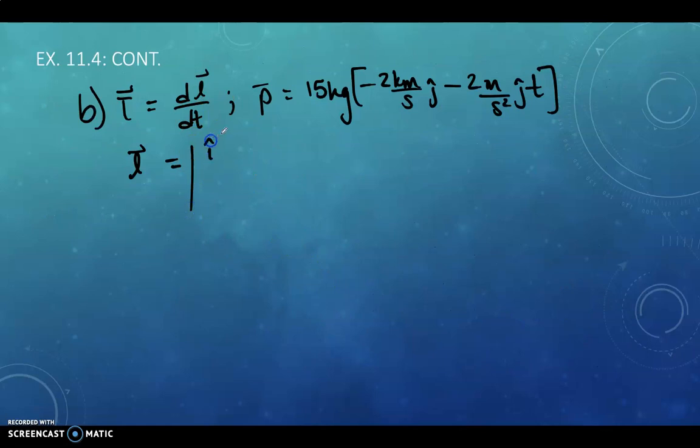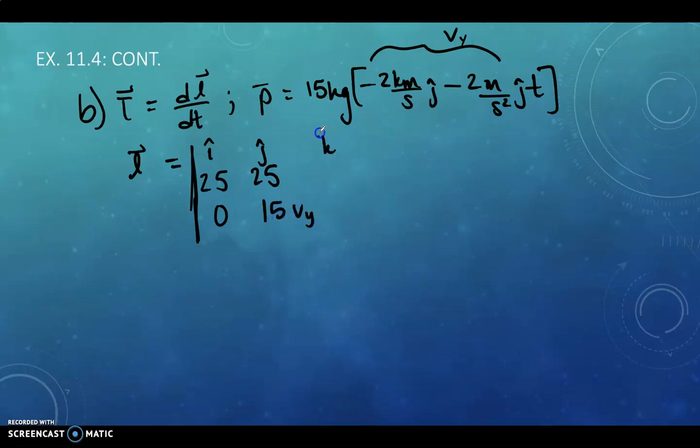We have i hat, that's 25, and then 0 for our momentum. J hat, 25, and then for our momentum it will be this whole term. I'm just going to call this V sub y. So it'll be 15 times V sub y, and then k hat.